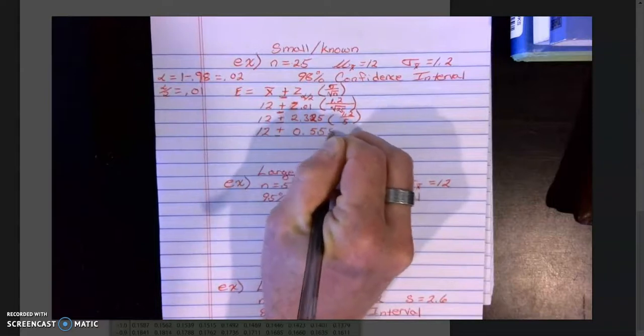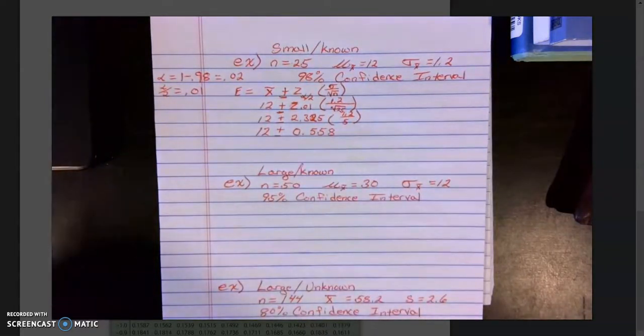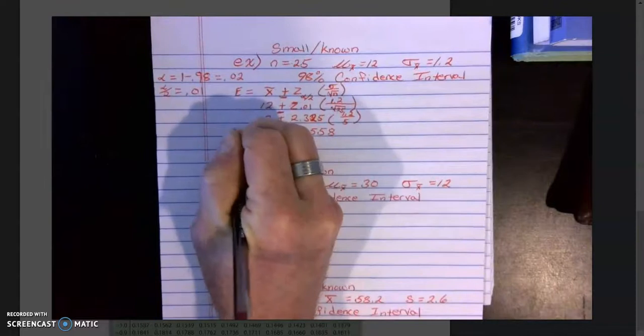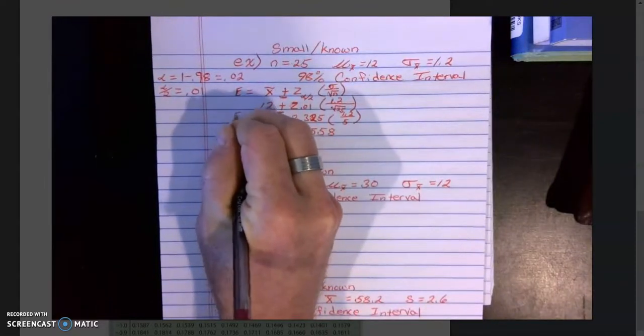0.558. Okay? Now, given that we get 0.558, remember that's telling us what our margin of error is.